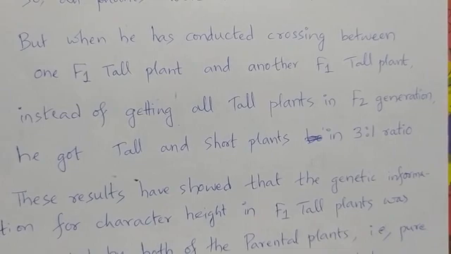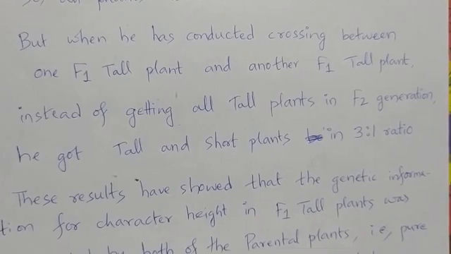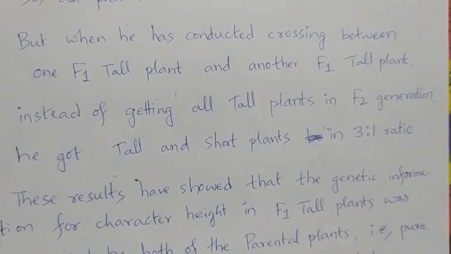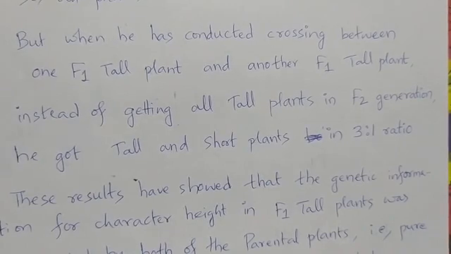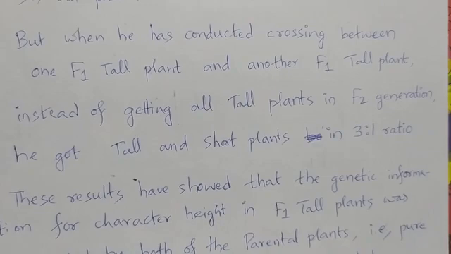But did Mendel submit his proponents like that only? No. Did he submit his statements in the same way, that only one parent contributes the genetic information to the children? No. What did he do then? He took the F1 tall plant and another F1 tall plant and conducted crossing between them.